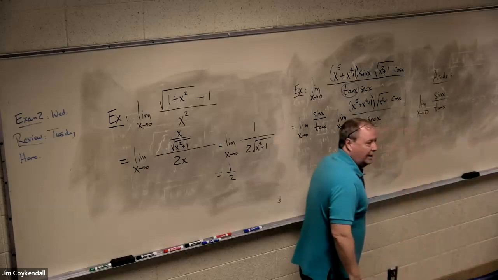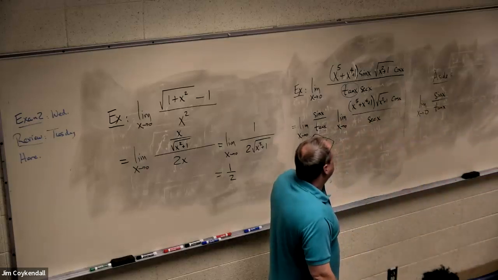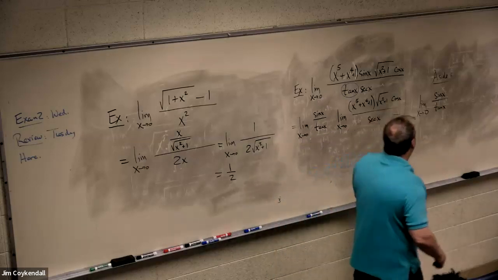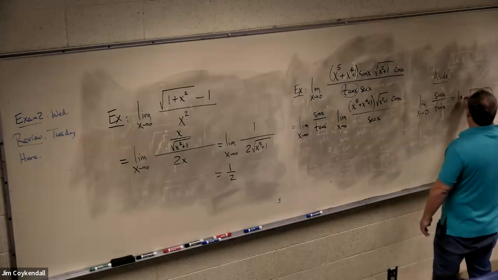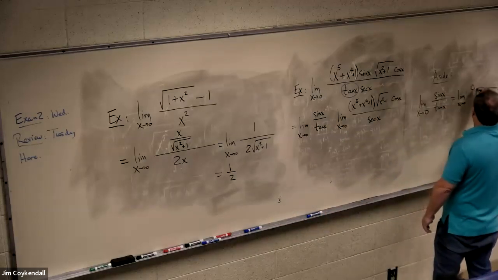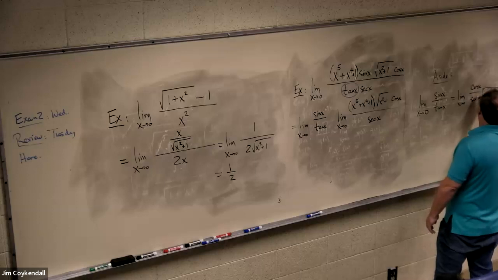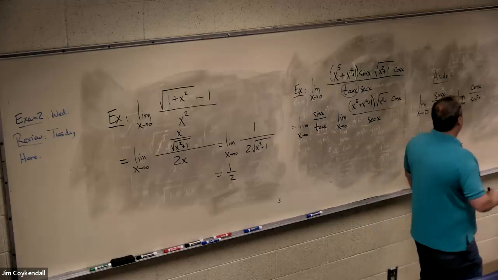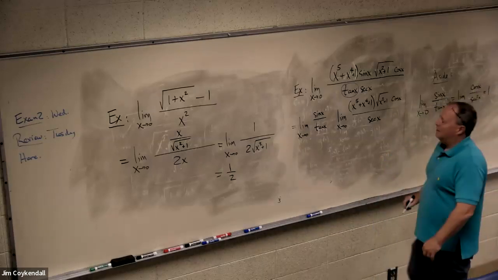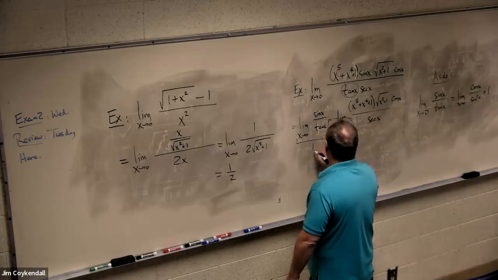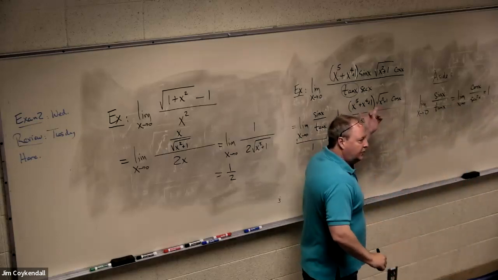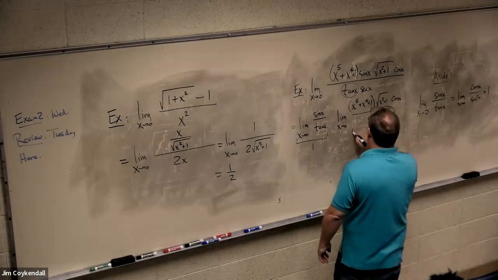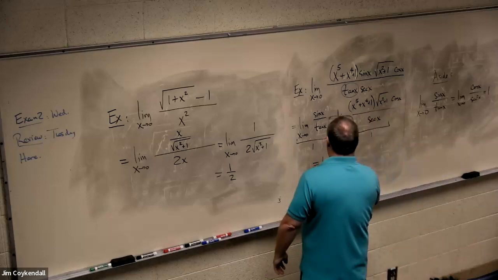Everybody agree it's 0 over 0 here? So this is the limit as x goes to 0 of cosine x over secant squared x. And this piece is 1. So this limit here is 1. And all you have to do here is put in 1, 1, 1, 1, this 1. So this whole limit.